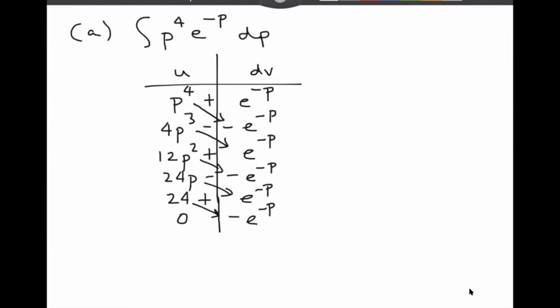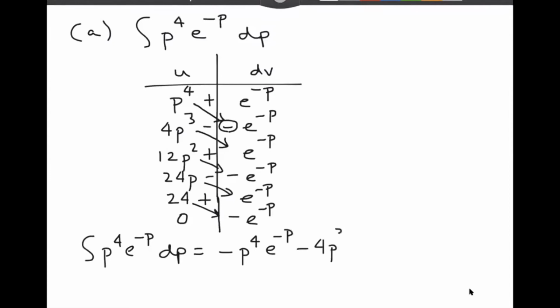All right, so it turns out that the value of the integral of p to the fourth e to the negative p is, okay, don't miss the negatives that are there. So this is going to be negative p to the fourth e to the negative p minus 4p to the third e to the negative p, minus, again, these are all going to be minus, 12p squared e to the negative p.